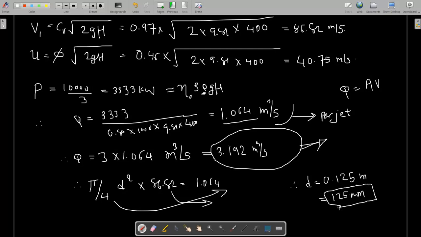Next, the force that you have to find, the force exerted by the jet on the turbine. Force is equal to rho into Q total discharge, V1 minus u, into 1 plus k cos beta 2. This is the equation. Hope you know from where this equation came, I am using it since the last 3 to 4 lectures.